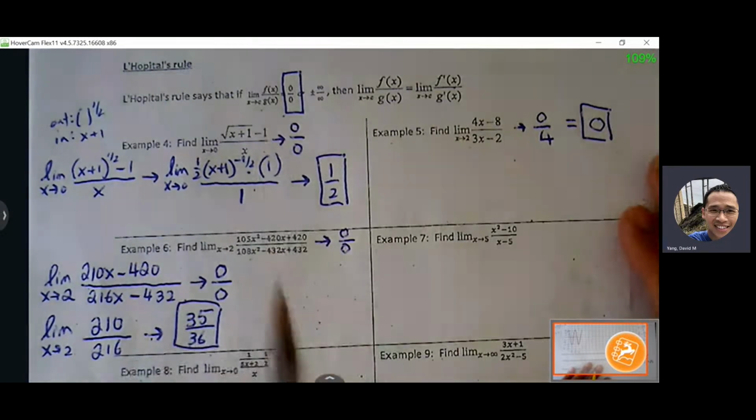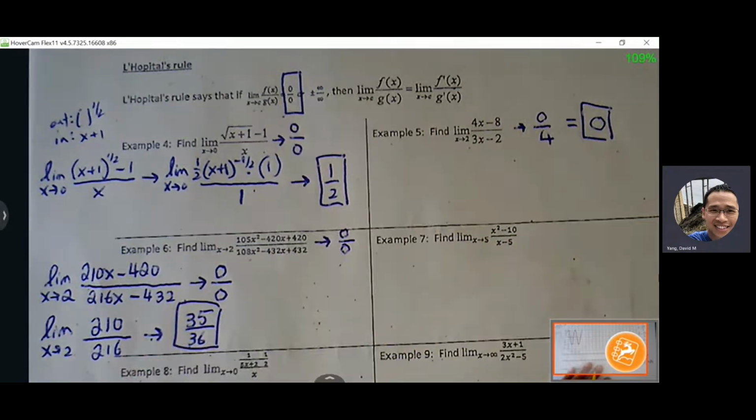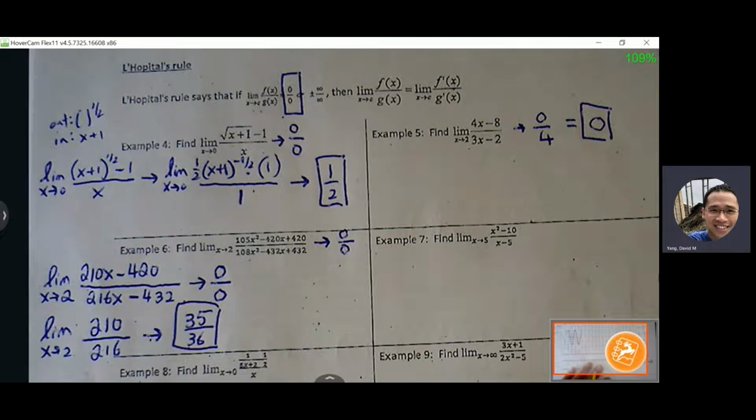Okay, so what we talked about with L'Hopital's rule, going back to unit 1, is that when we're evaluating the limit, we always just plug in the x value to see what we get, right? Are we getting a real number? Are we getting 0 over 0? Are we getting undefined, such as 10 over 0, which means that there is a vertical asymptote?